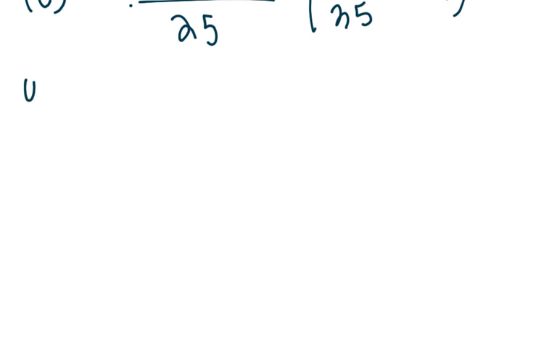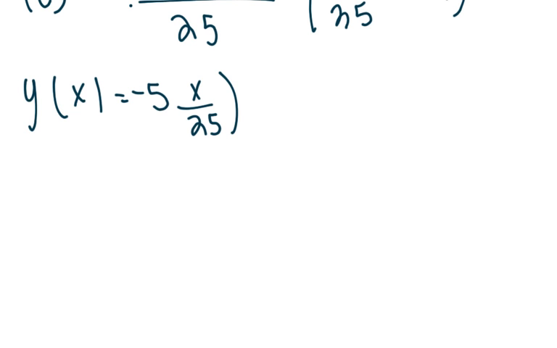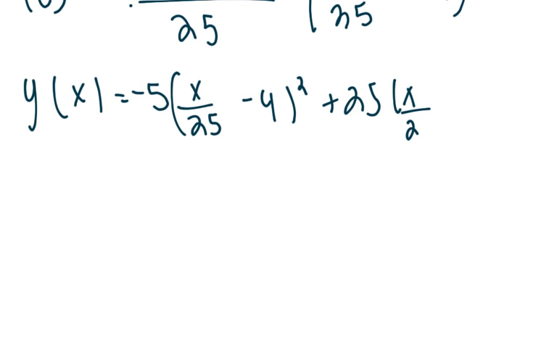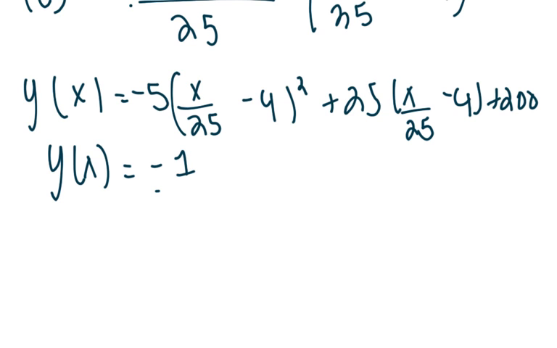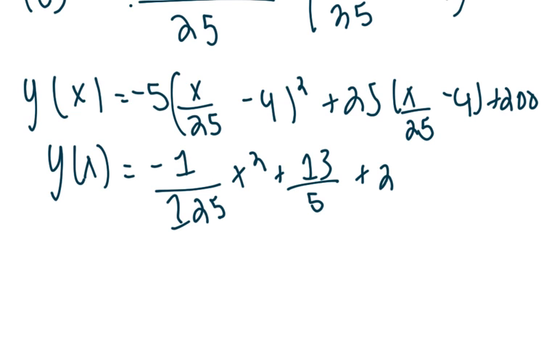And we just plug this back in. Negative 5 times x over 25 minus 4 squared plus 25 times x over 25. And then we get negative 1 over 125 x squared plus 13 over 5 x plus 200 plus 20.